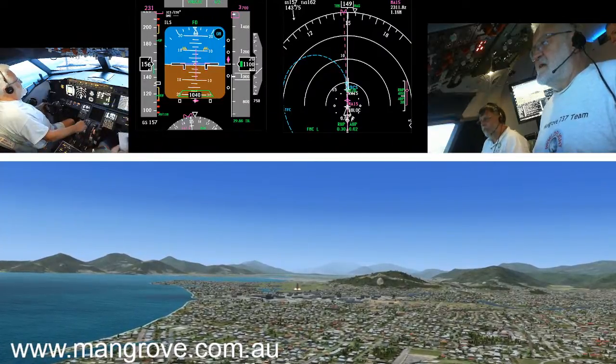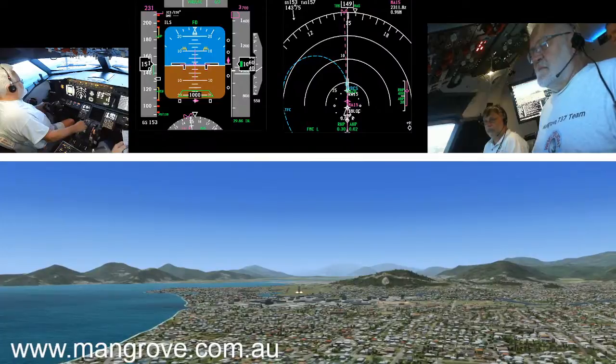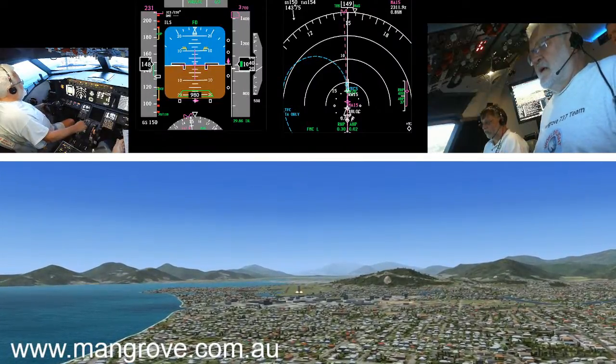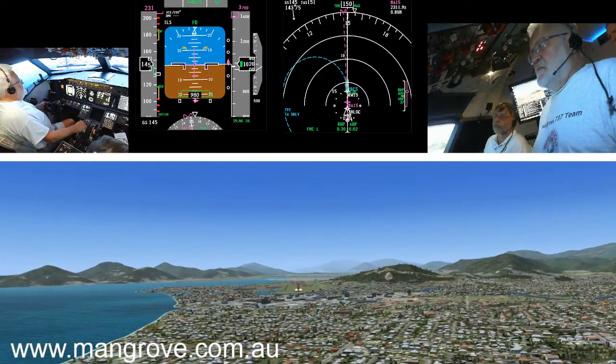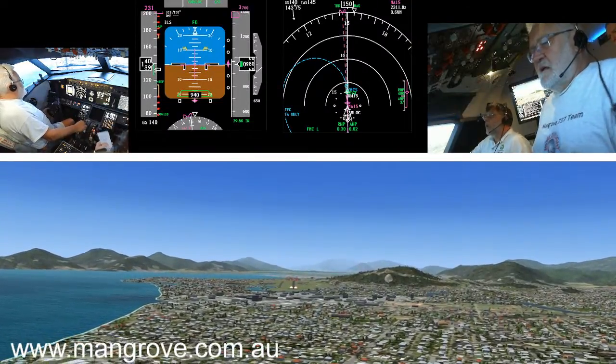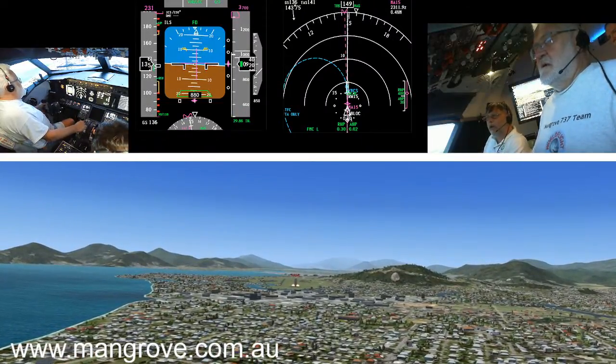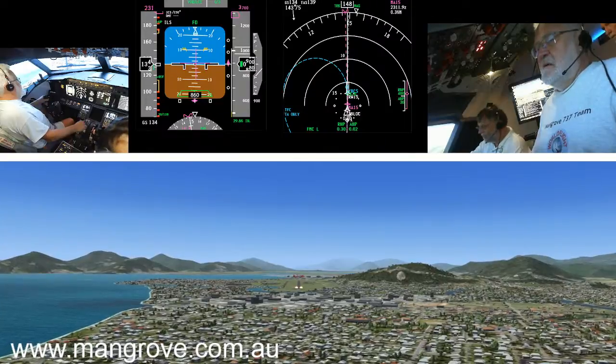Nope, they're not. 1,000. You want to just report that we're on a short final? Cairns Tower, Mike Charlie 012, short final. Mike Charlie 012, runway 15, clear to land. Thank you, sir.